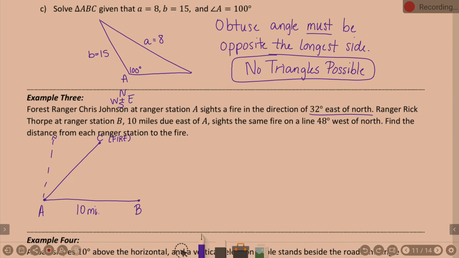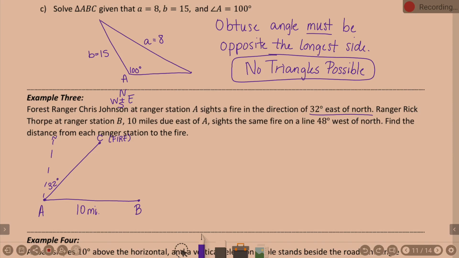So 32 degrees east of north, beware, 32 degrees is that angle right in there. It's not inside the triangle. Do you see that? Because you have north here. East of north is saying that line of sight to the fire is 32 degrees over from the north.